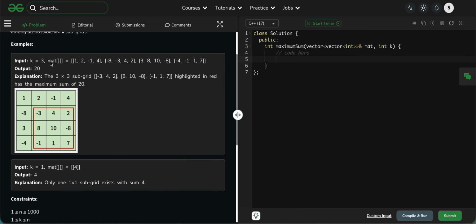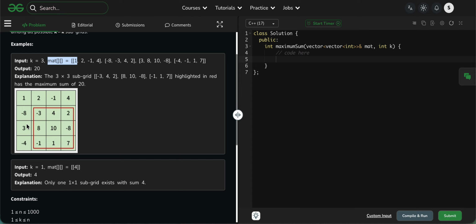So we have this matrix, and in that matrix we have to find the maximum k by k grid, which means 3 by 3. If we assume there is one chance, 1, then 2, 3 and 4, then we just have to return the answer.